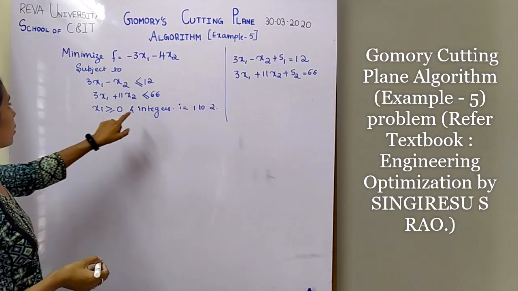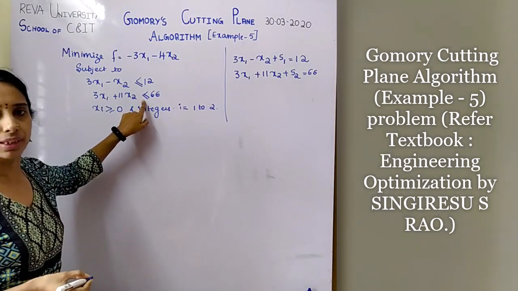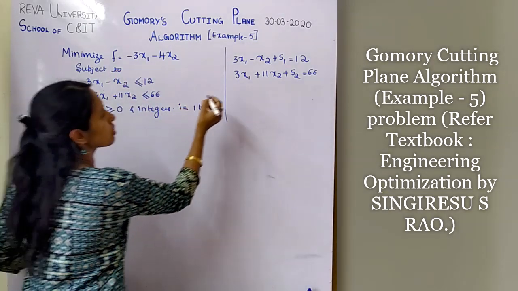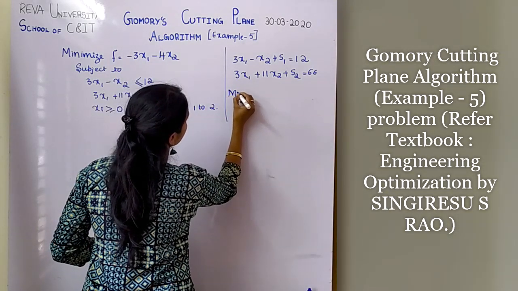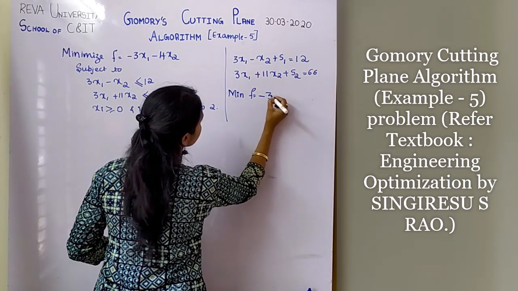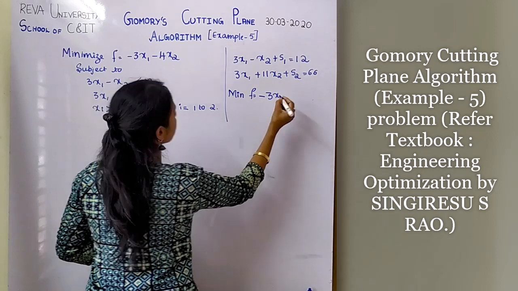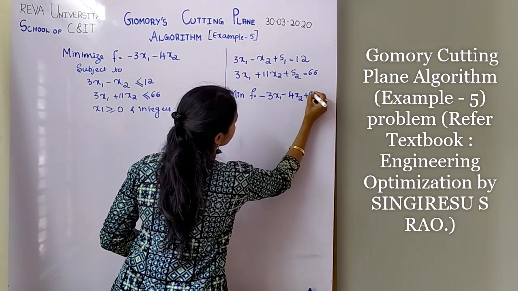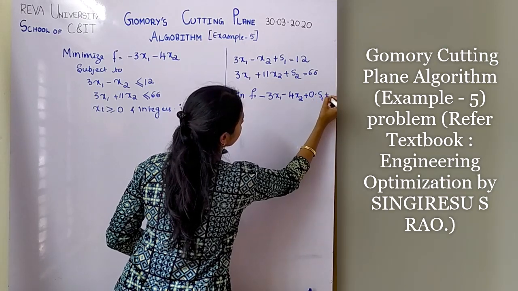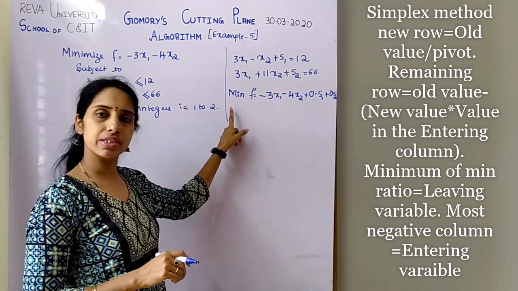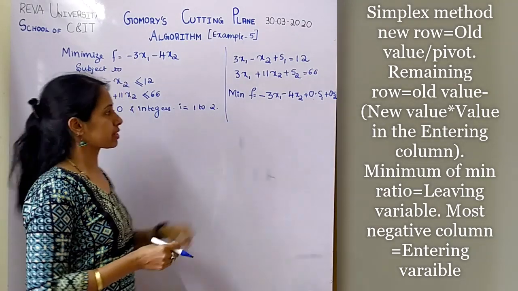Now we have to include this in our objective function. So the objective function is minimize f is equal to minus 3x1 minus 4x2 plus 0 into s1 plus 0 into s2. Next, we'll solve using the simplex method.